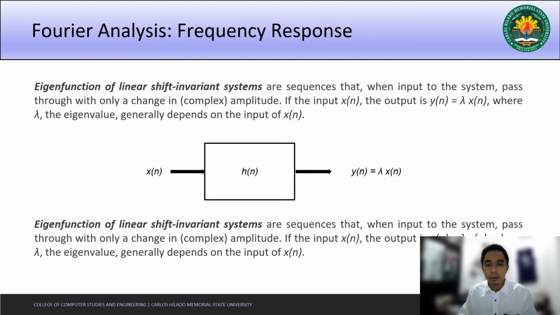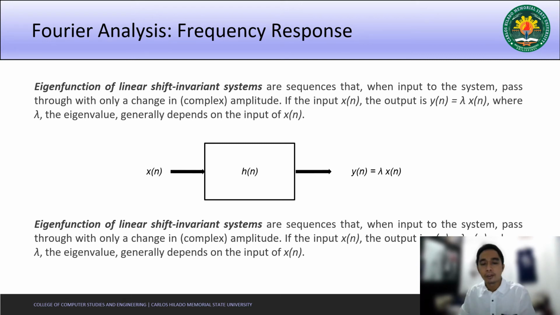So this is the input x of n that has an output y of n, that is lambda multiplied by x of n, where lambda is the eigenvalue, which generally depends on the input x of n.